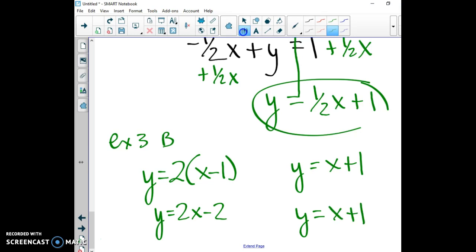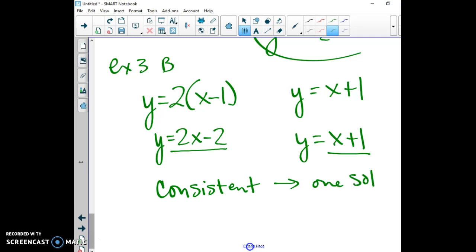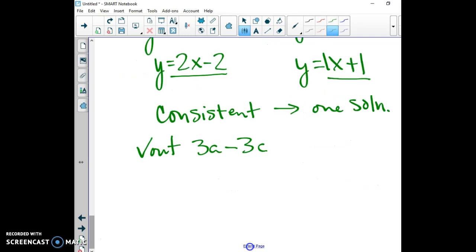And if I look at those, I see my two lines, 2x minus 2, 1x plus 1, and I know this system to be consistent, meaning one solution. The reason being they have different slopes and different y-intercepts. You guys check it out, 3a through 3c, and show me those solutions.